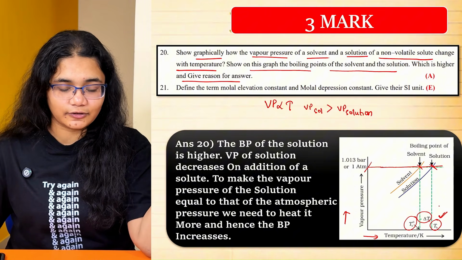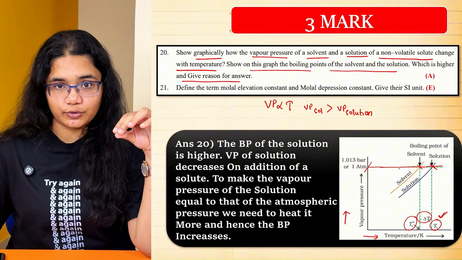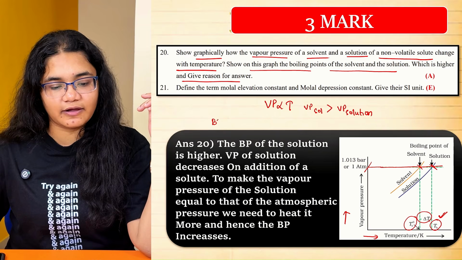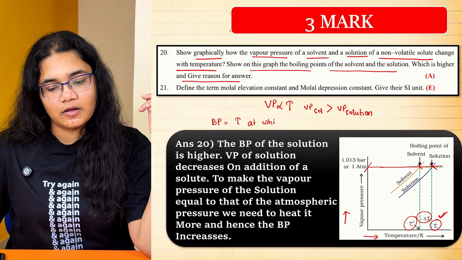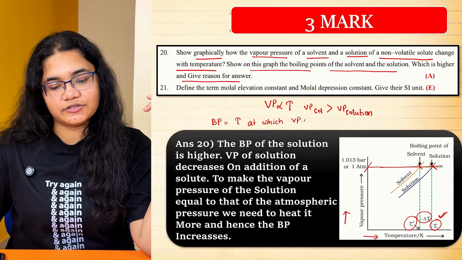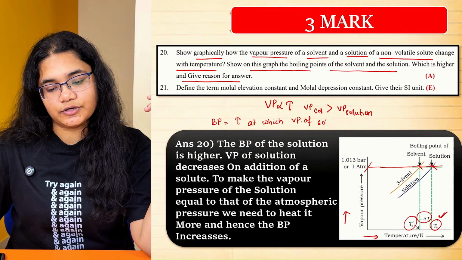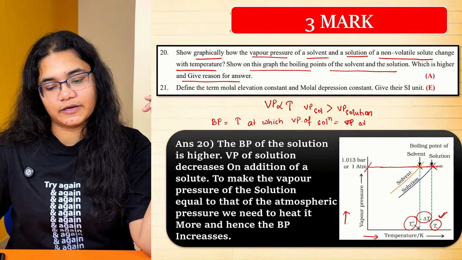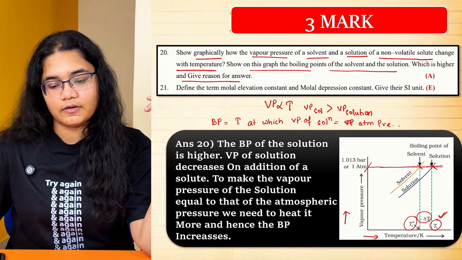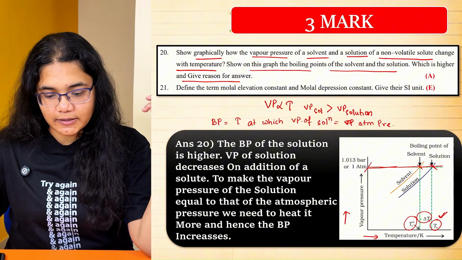Now what is the reason for that? See, when you add a solute, so what is boiling point? How do we define boiling point? Boiling point is that temperature at which the vapor pressure of the solution is equal to atmospheric pressure, right? Now you see this is the atmospheric pressure line.